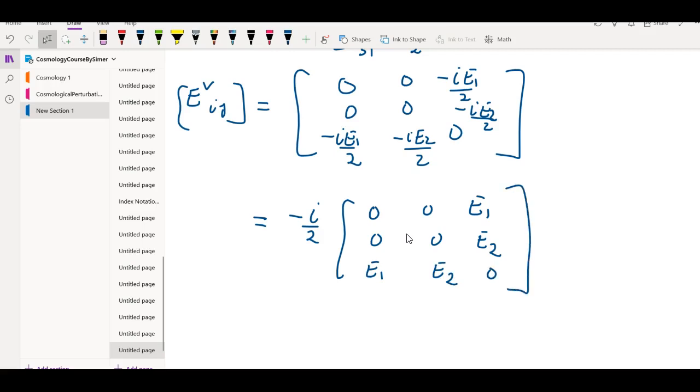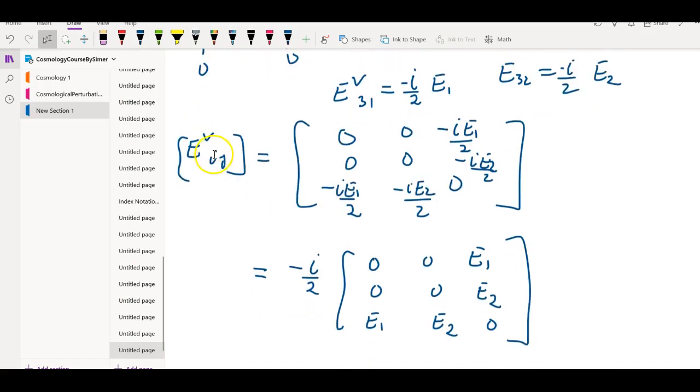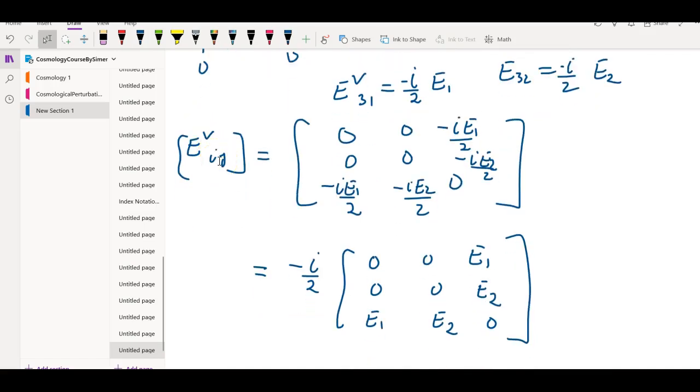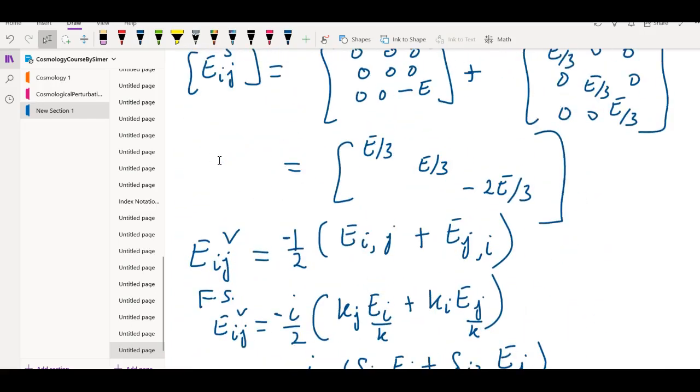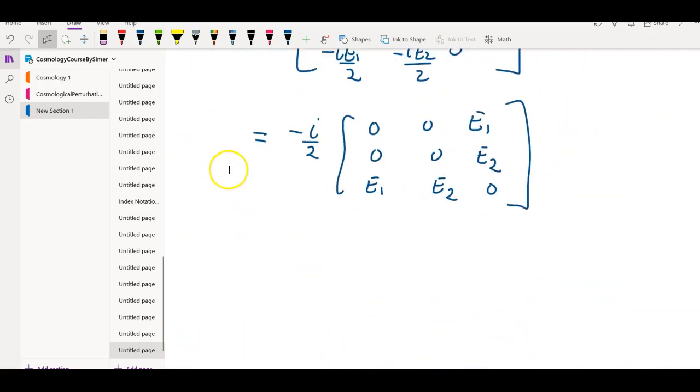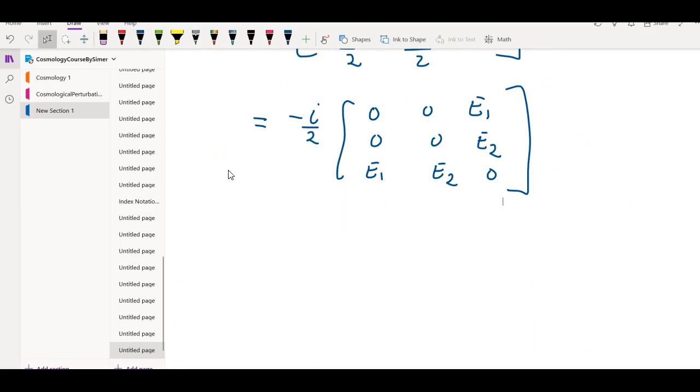So this is the vector contribution of EIJ, EIJV. Now let us look at the remaining part of EIJ, which is EIJT.